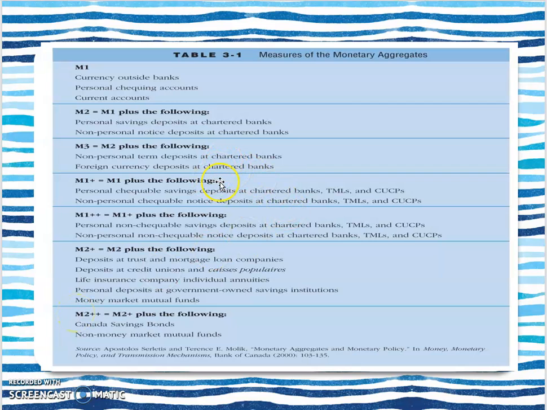Okay, this table shows the measurements of the monetary aggregate. The M1, as I mentioned earlier, covers currency outside banks, personal checking accounts and current accounts. The M2, M3 and all these features show the monetary aggregate.